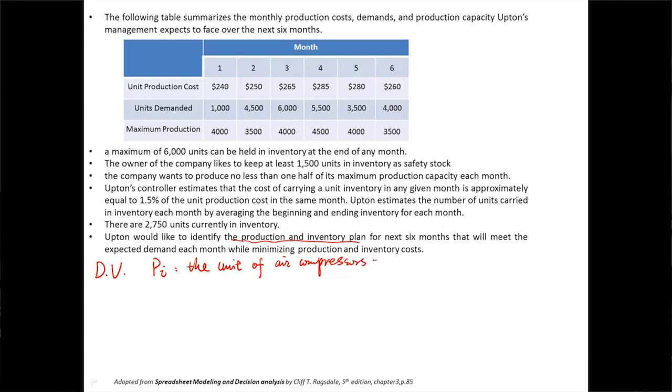Compressors to produce in month I. So that's the only decision variable.